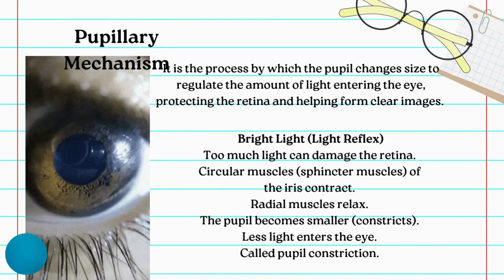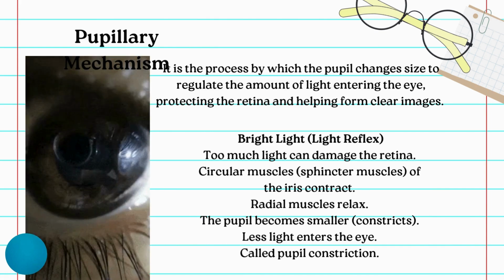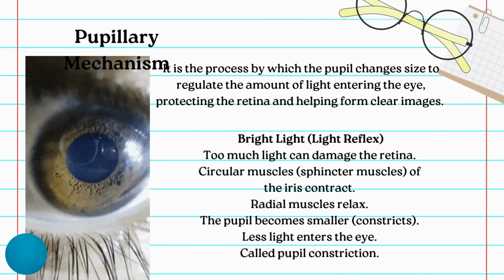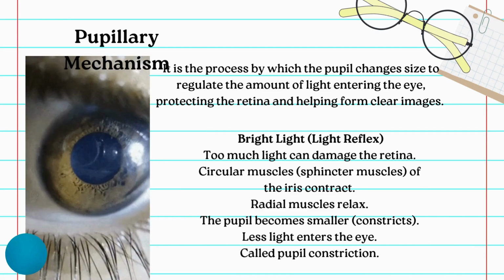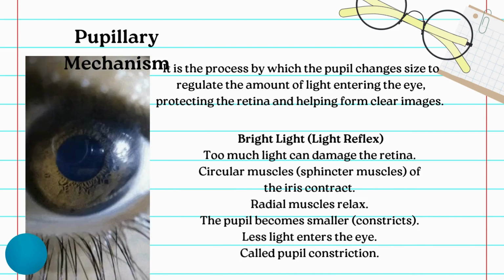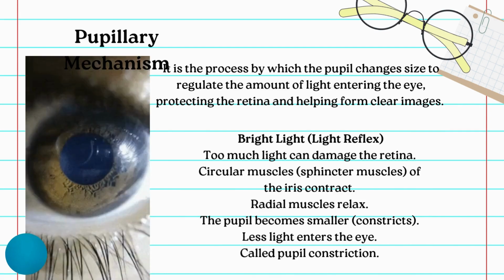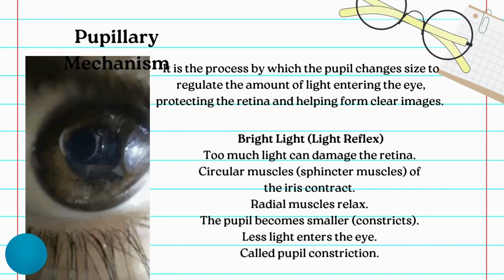So what happens is that you have circular muscles. Those circular muscles will contract. When they contract, your radial muscles are just relaxed. The radial muscles are straight and just in place, not moving, just chilled. And then your circular muscles are contracting. When they're contracting, it's as if you're holding a ball or a round plastic cup.